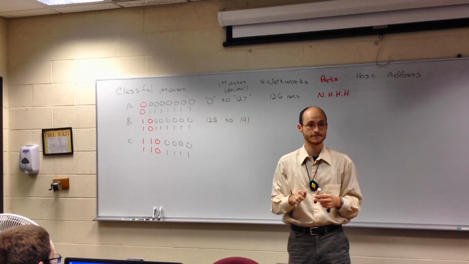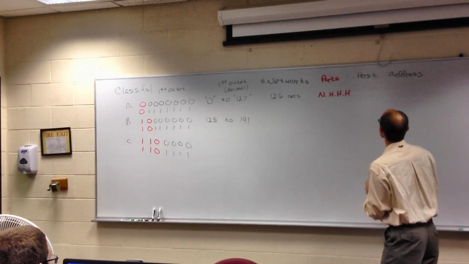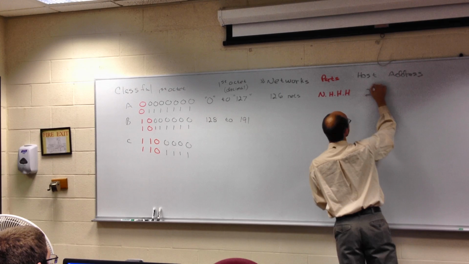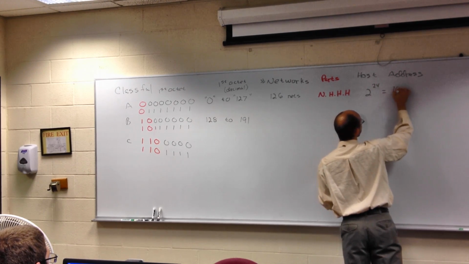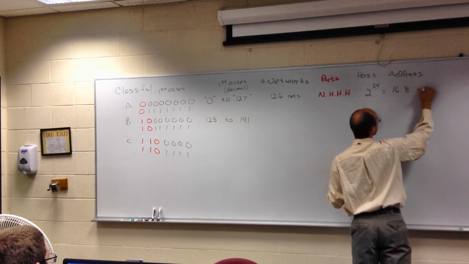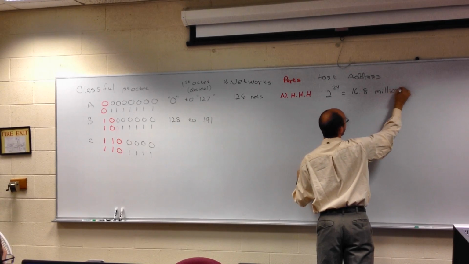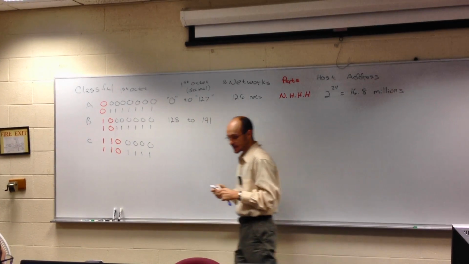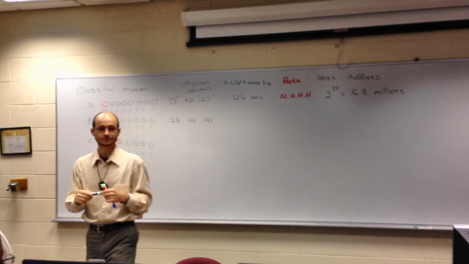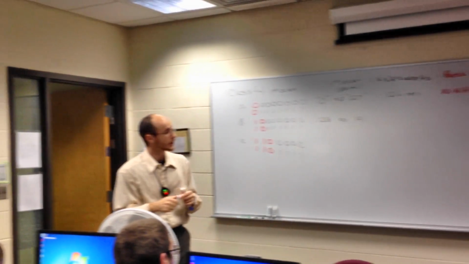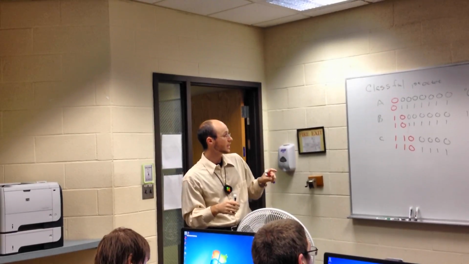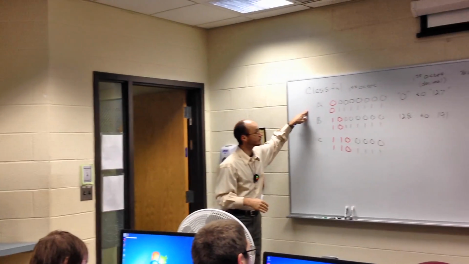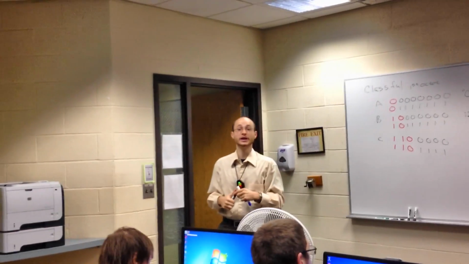Safe to say that? 2 raised to 24 gives me a total of about 16.8 million addresses. Now, back in a classful environment, when we assigned one organization a Class A address, we gave them 16.8 million addresses.